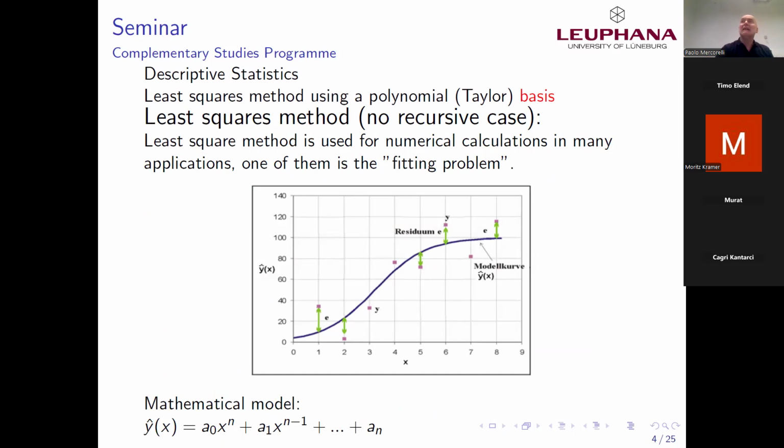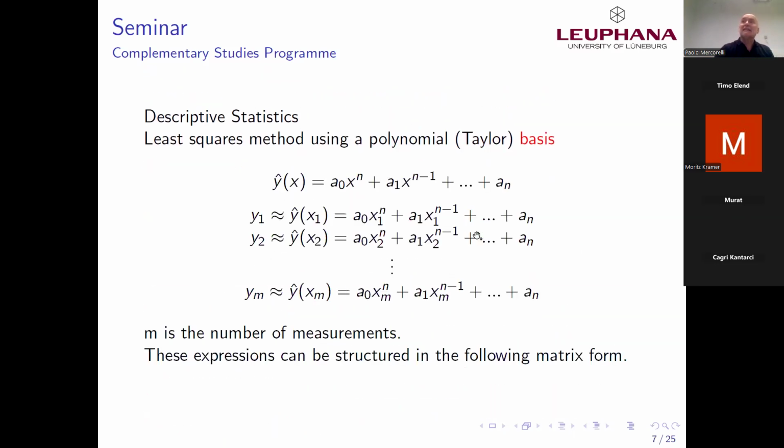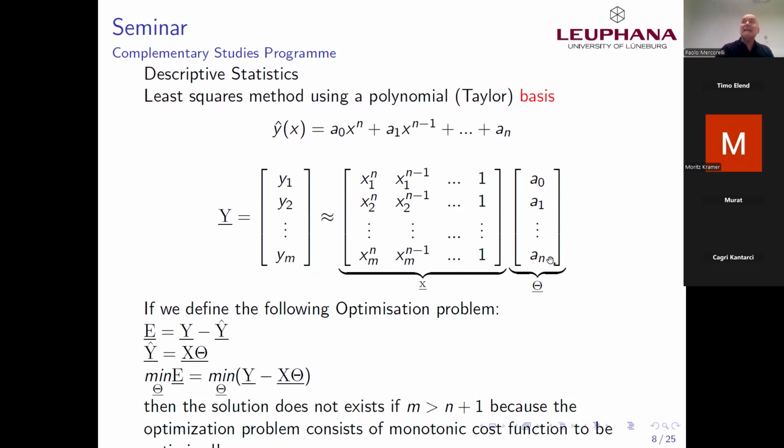It's quite abstract. The idea is to find A0, A1, AN such that this vector, the column vector, is the minimal one.